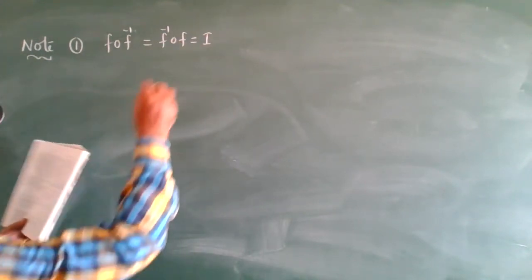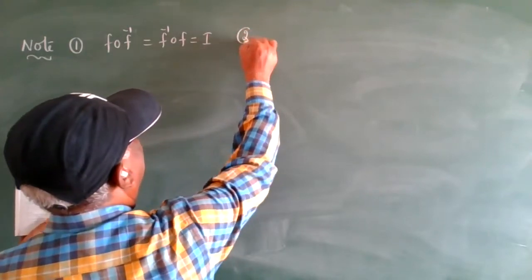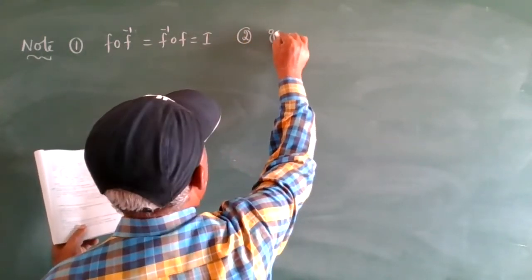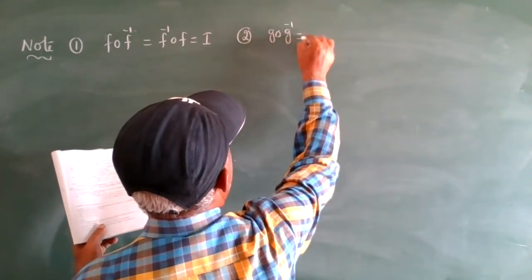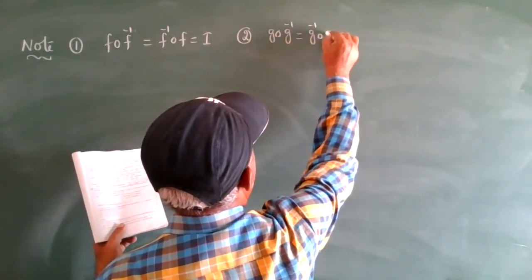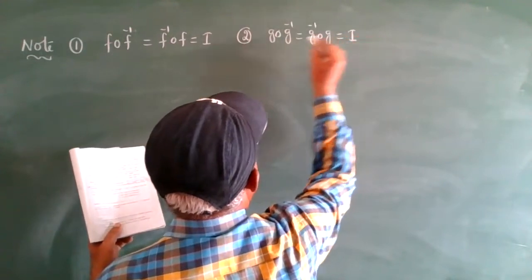And the second note point is G circle G inverse is equal to G inverse circle G is equal to identity.